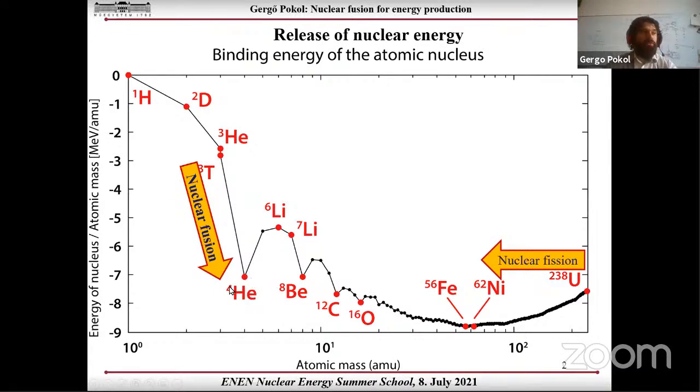If we want to produce energy by fusing lighter elements to heavier elements, our first aim could be helium-4. And if we would like to fuse something to produce helium-4, there are a number of other isotopes which we can aim for as a starting isotope.